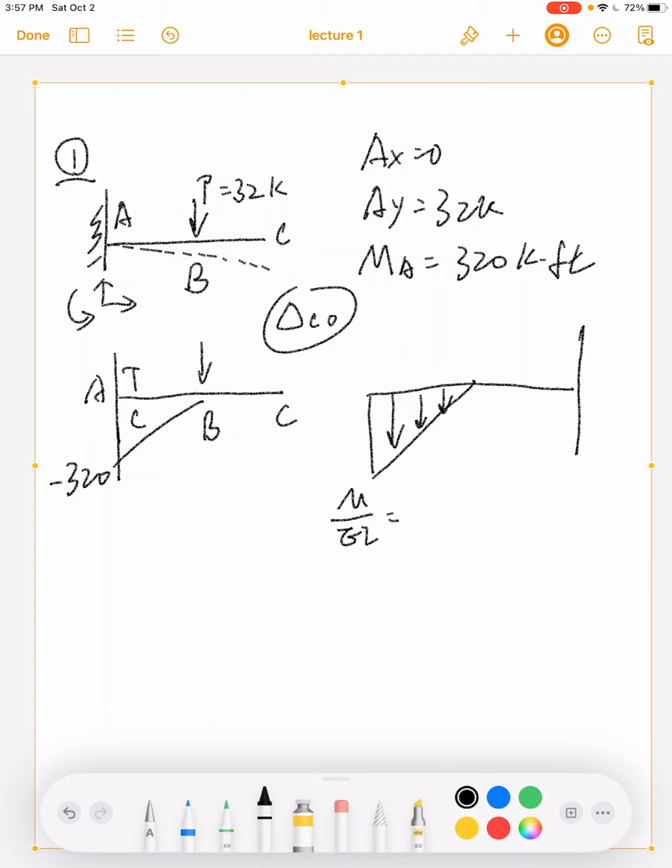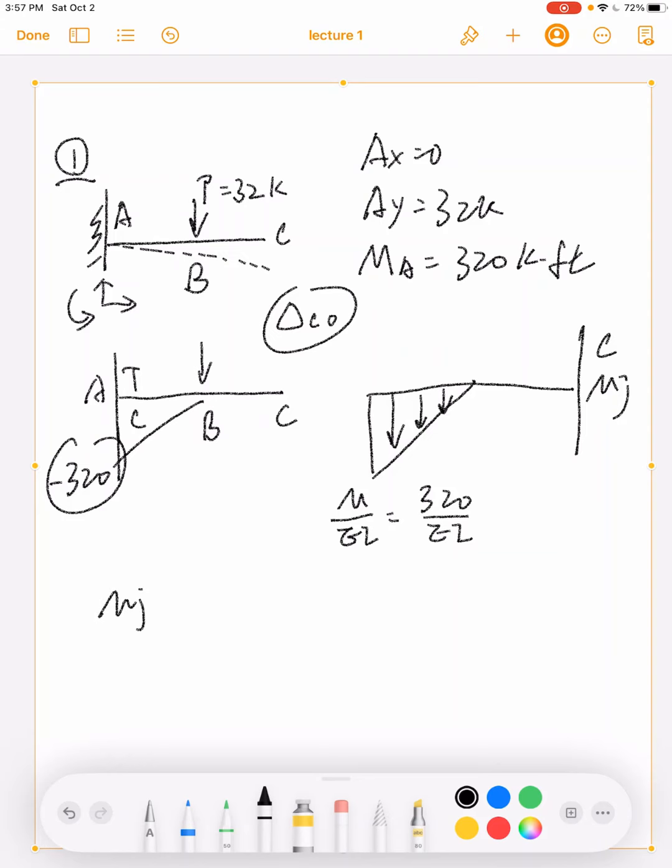So this will be 320 over EI. Because this is a negative bending moment, I'm going to apply the distributed load pointing downward. I will calculate the bending moment at point C. The bending moment at point C from this conjugate beam will be the deflection at point C from the original beam.